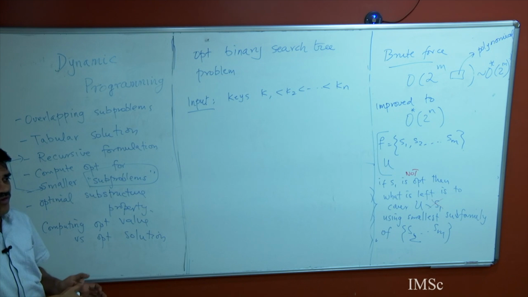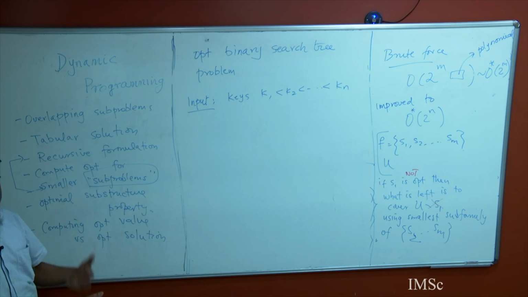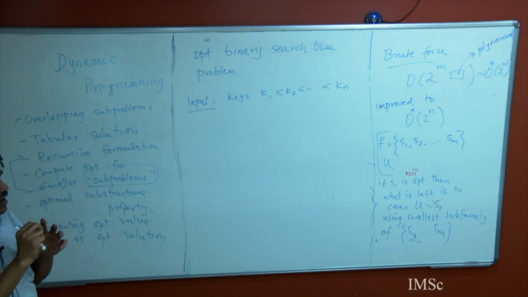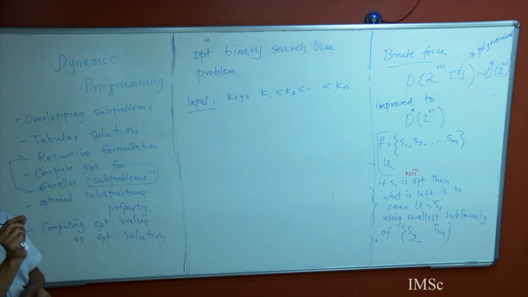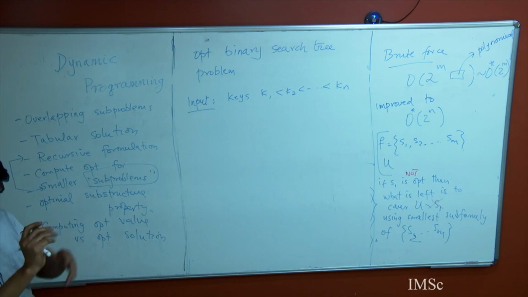We have seen red black trees, B trees, there are various kinds of binary search trees you can build so that the search time is optimized. In fact, search time is logarithmic.